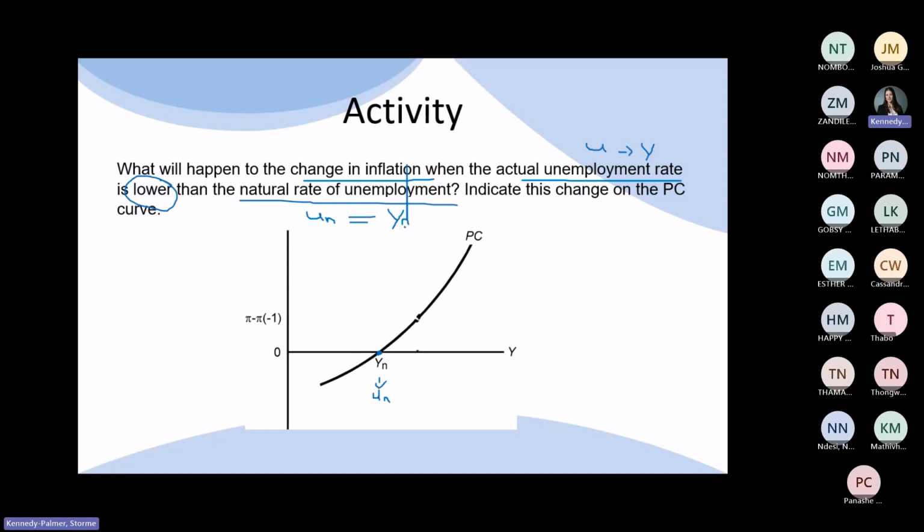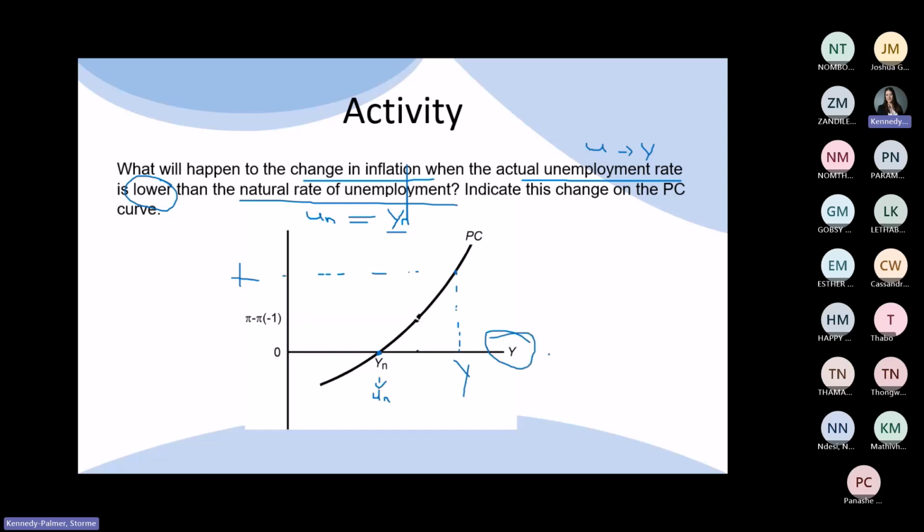Because an unemployment rate that is lower than the natural rate of unemployment is associated with an output that is higher than the natural rate of output, which means it's somewhere to this side of the graph, associated with a positive change in inflation.